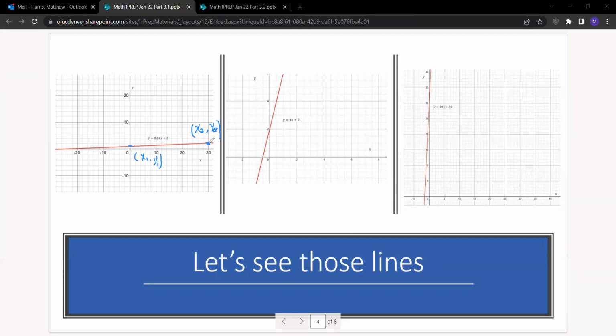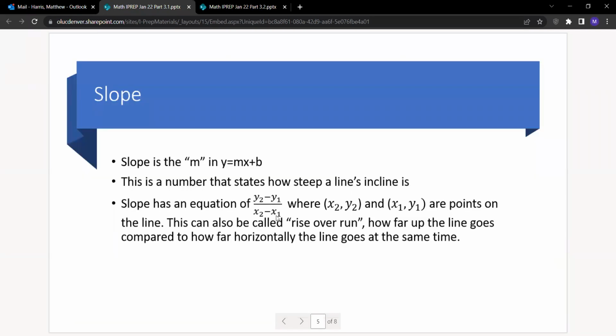All right? And then you use these 2 points to find the slope. So if we didn't have this equation right here, we could use these points to find the slope by taking our rise over run. So our y2 minus y1 over our x2 minus x1. So again, y2 minus y1 over x2 minus x1.